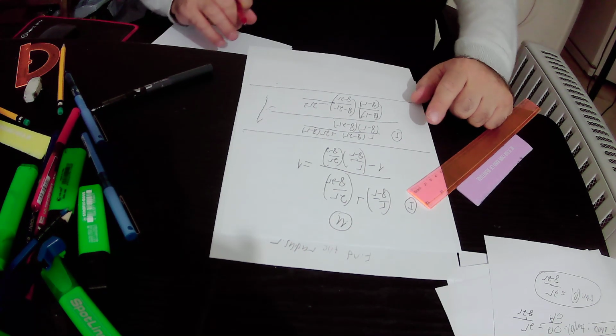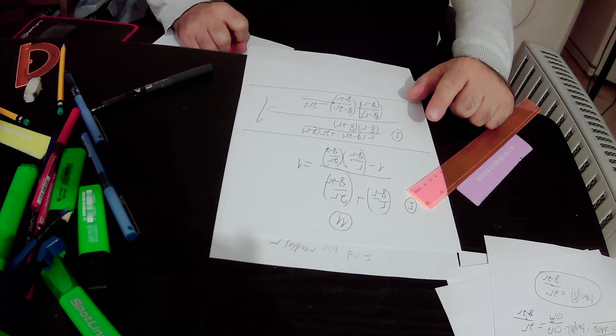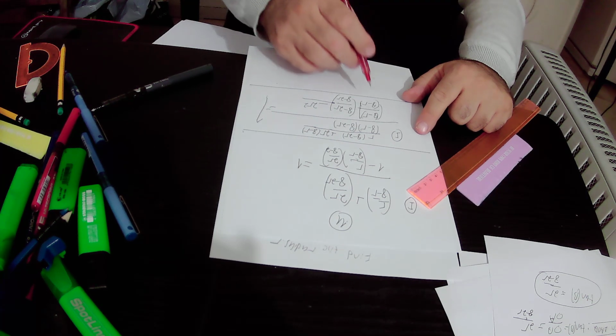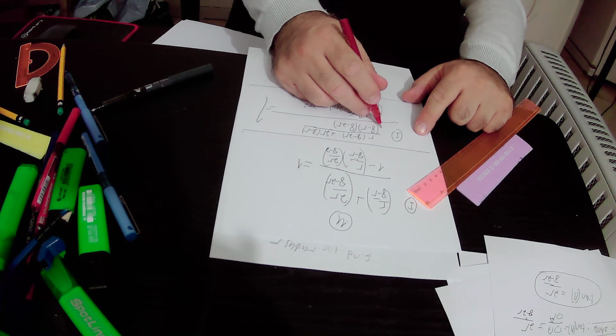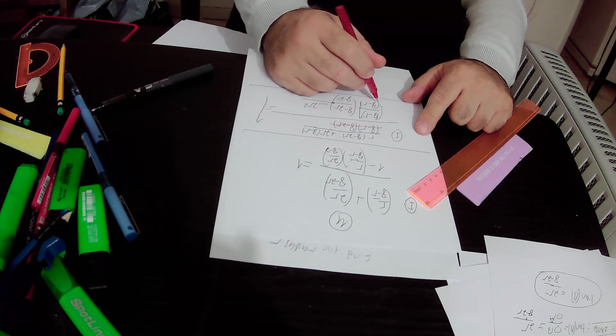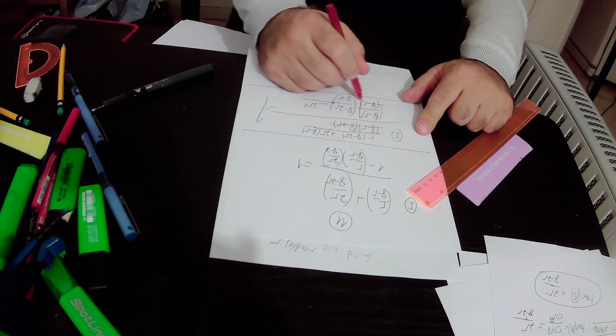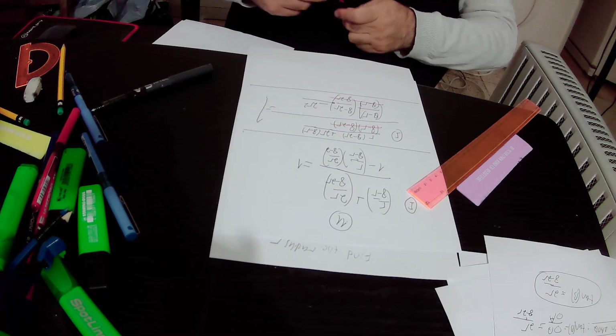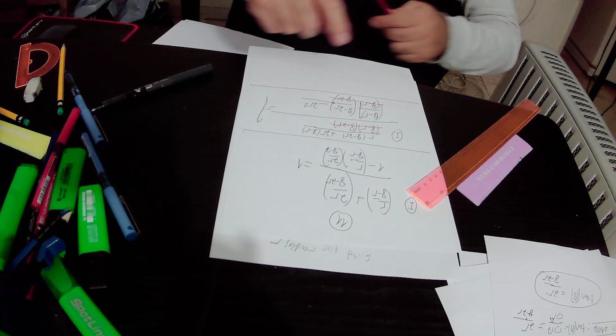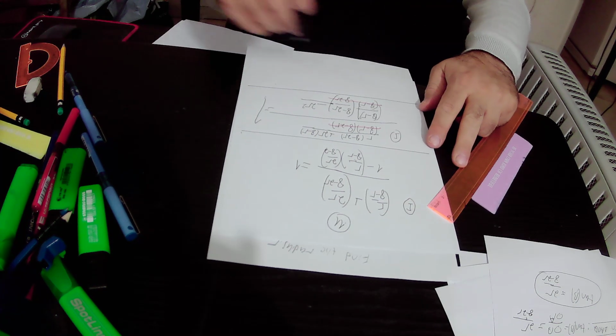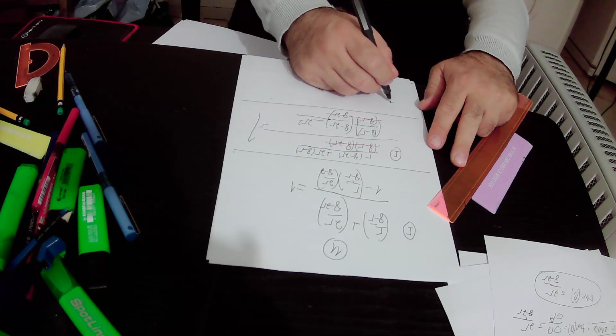When we divide those two equal expressions one by the other, it will be equal to 1, so it actually will get cancelled. So we will cancel those two expressions.